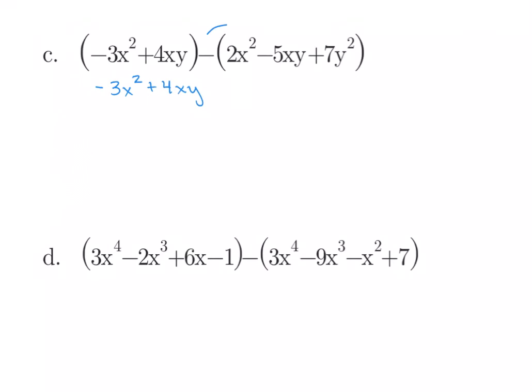But in the second set, we do need to distribute the negative. So we get minus 2x squared minus negative 5xy becomes plus 5xy. And we get minus 7y squared.